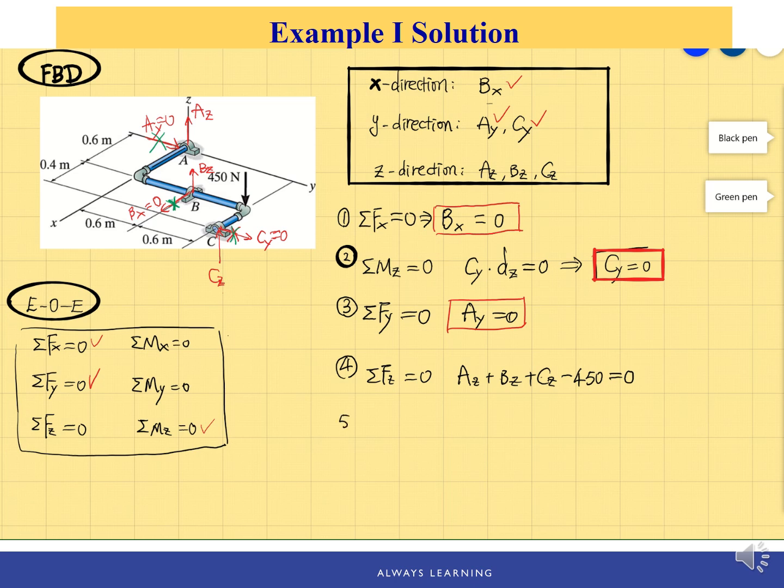So equation number 5, we are going to choose, will be the moment about the x-axis. For the moment about the x-axis, Az, again, because it passes through the origin, doesn't have any moment about any axis. So it will be out of the equation. Ay is 0, so it is out of the equation. Bx is 0. Bz is in the z direction, and we need to find the perpendicular distance from Bz to the x-axis.